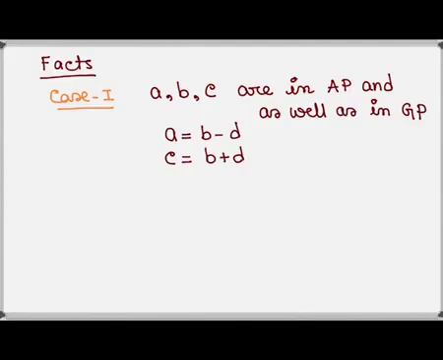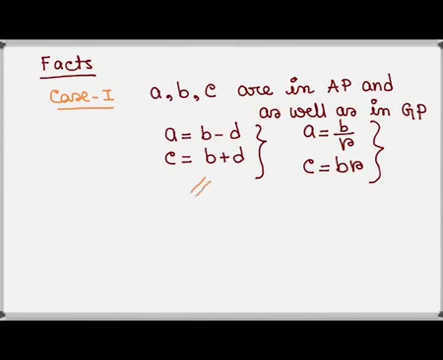As they are also in GP, we write A as B by R and C as BR, where R is the common ratio of the geometric progression.